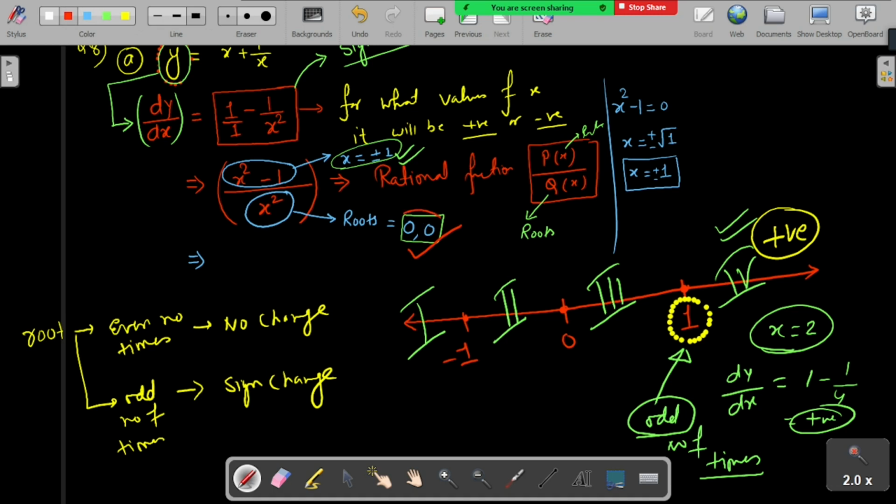For example, 0 is coming two times, so it's an even number of times repeated root. You have to check repetitions. 1 is coming as a root how many times? Here the roots are +1 and -1, so both are coming only one time, and one is odd.